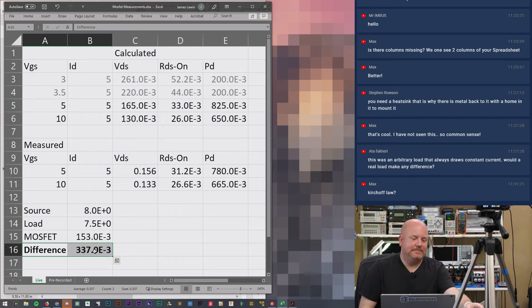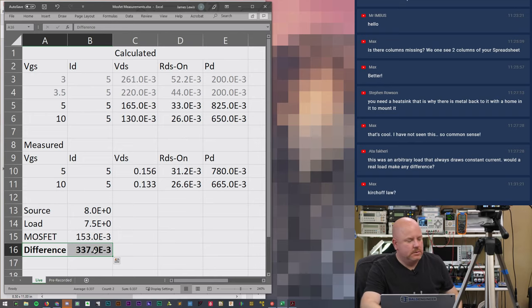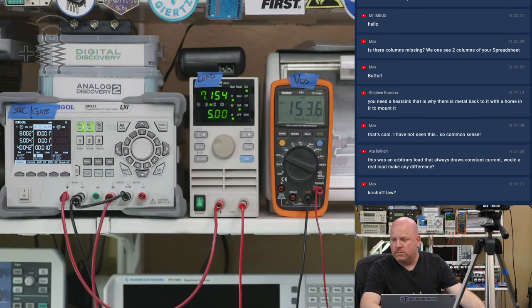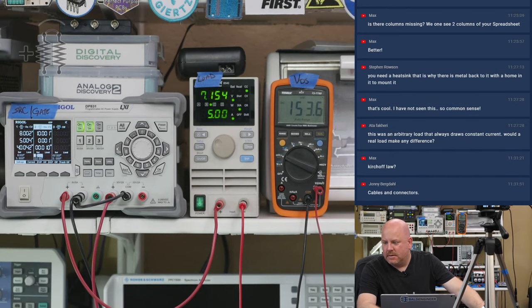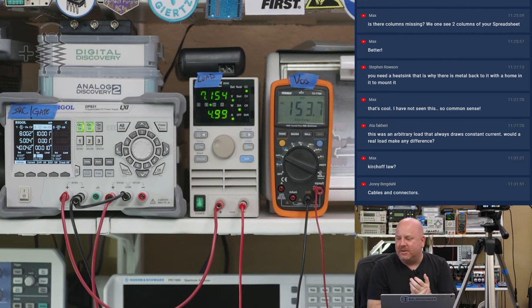Any ideas? Johnny is absolutely correct. Cables and connectors.